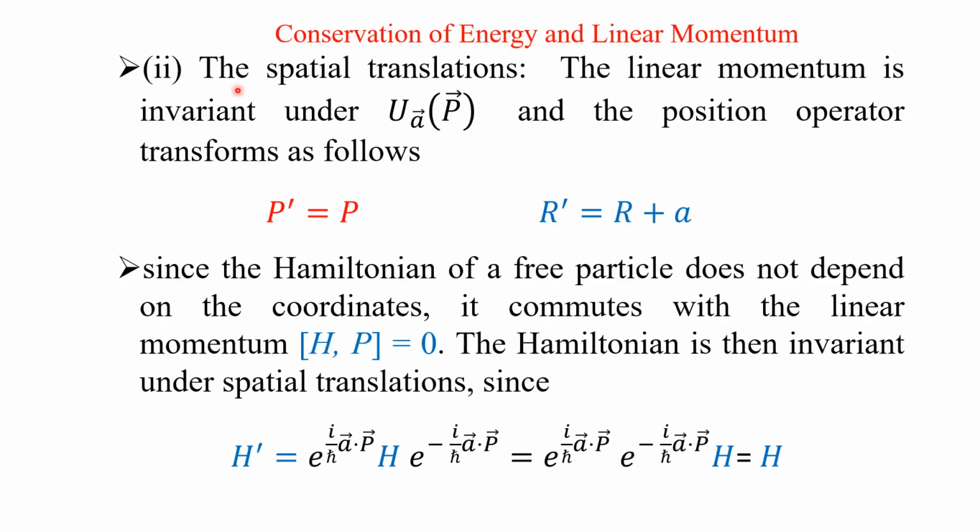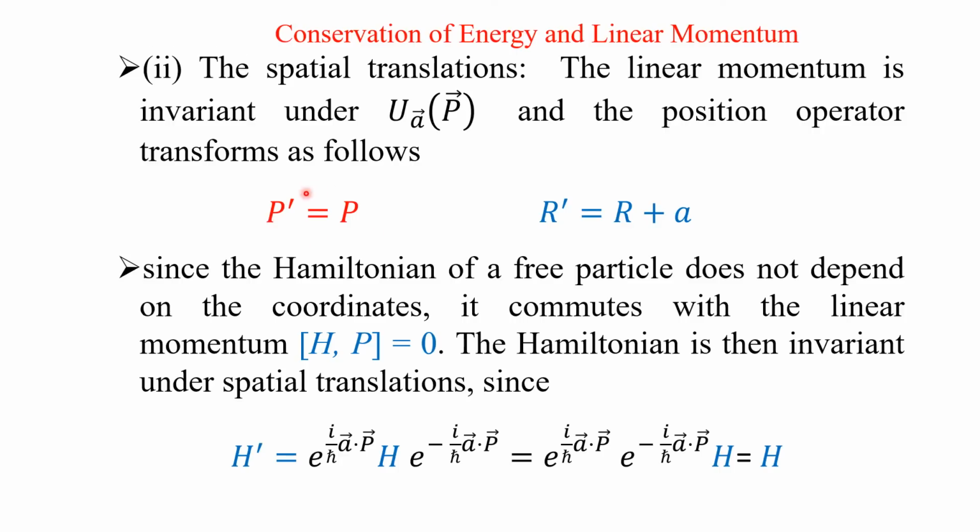Now we will see about the spatial translations. The linear momentum is the generator of the spatial unitary operator U_a, which is a function of P, and the position operator transforms as follows.